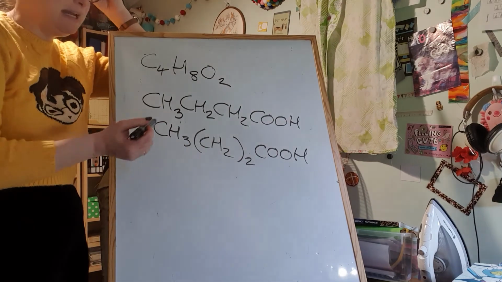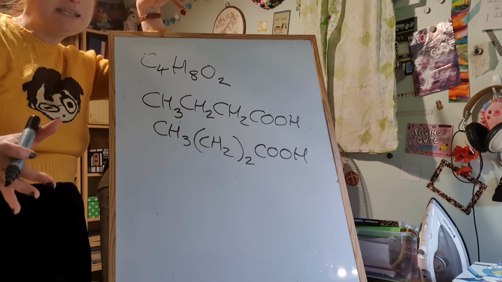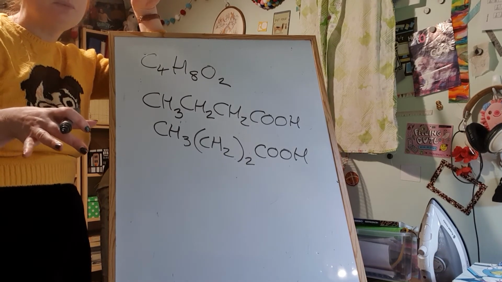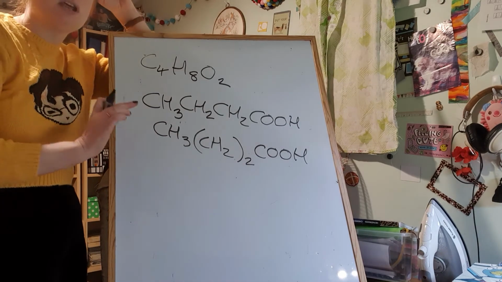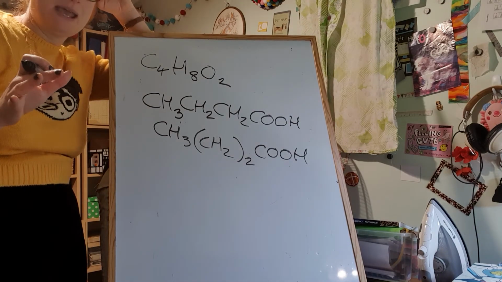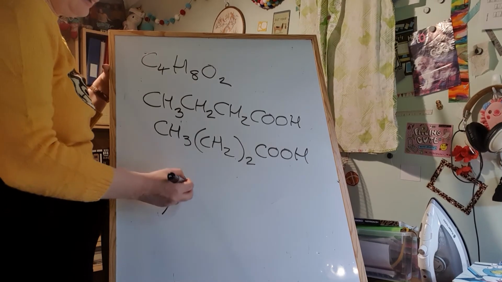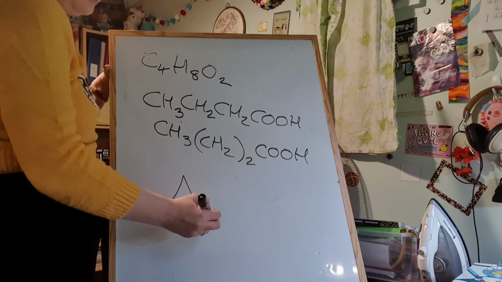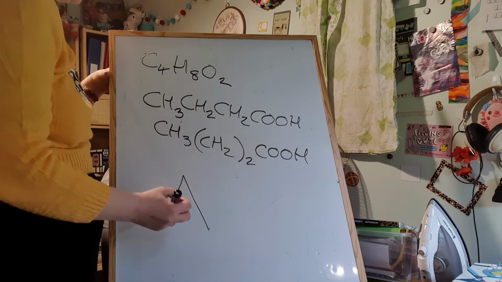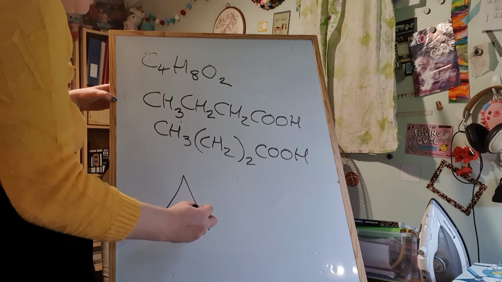Then our skeletal. The skeletal is the one you would have used the least up to now. I don't think we did a lot of them, but it's about taking this information and making it as simple as we can. So it looks a bit alien. There's a carbon, there's a carbon.